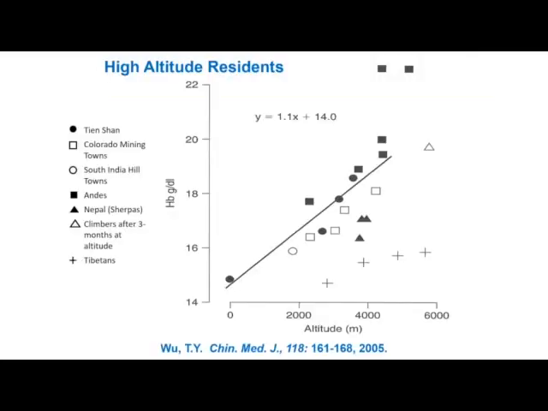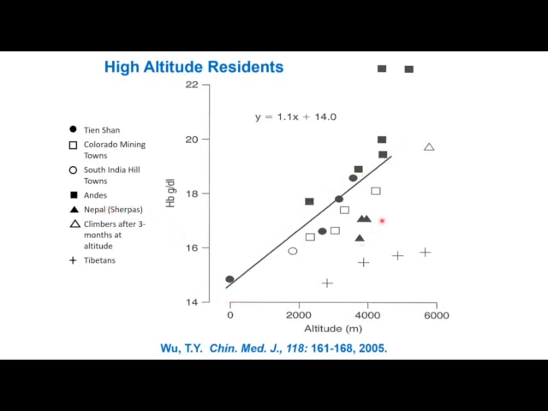This shows hemoglobin plotted against altitude in a number of high-altitude residents. So Chinese in Tibet, and they're shown here. Colorado mining town, so Leadville. Their data is right along here. South India high hills, so the foothills, if you will, of the Himalayas, right here. Residents of the Andes are the squares shown here.